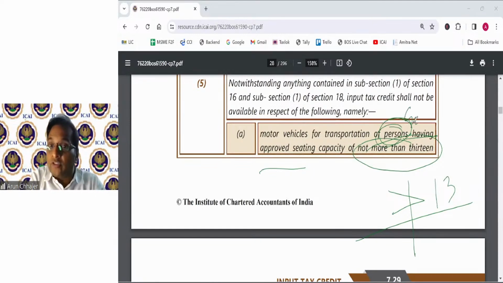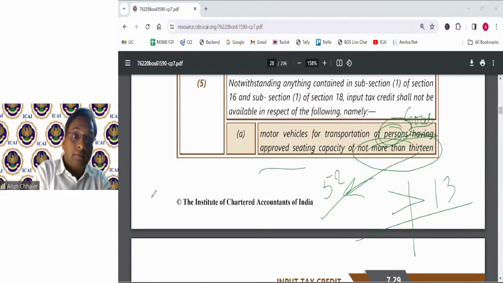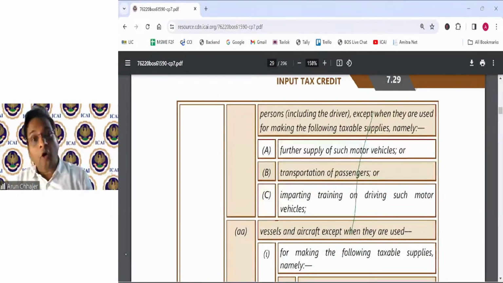If you are using for goods, no problem. If you are purchasing a bus of 52 seater capacity, no problem. ITC is allowed. The problem is only when the capacity is 13 seater or less, or the vehicle is for transportation of goods.